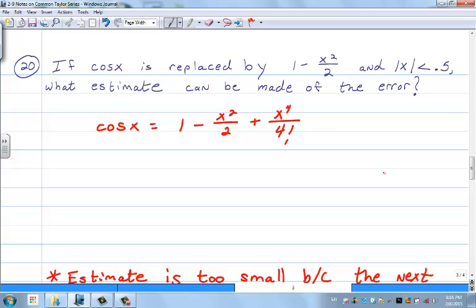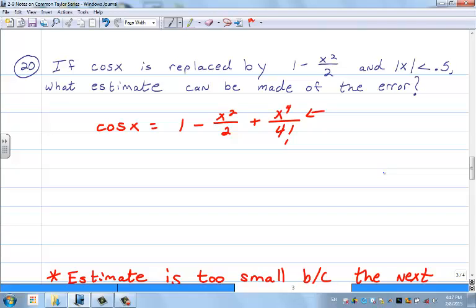Now this x to the 4th over 4 factorial, x to the 4th is an increasing function, so this term is going to be greatest when x equals 0.5. Okay, so you're looking at the absolute value of x being less than 0.5. So we're looking at this function only between -0.5 and 0.5.